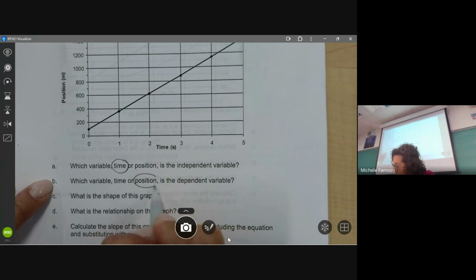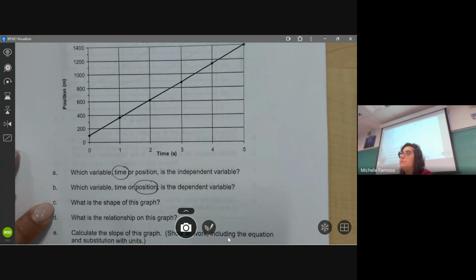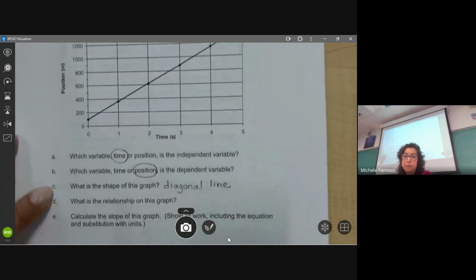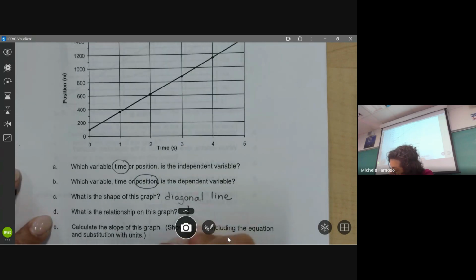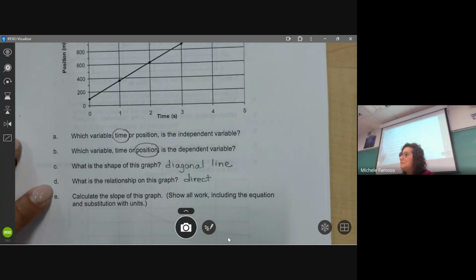Position, because it's on the y-axis. All right, now what's the shape of this graph? Diagonal line. It is a diagonal line. 2 words. What is this relationship? It is direct because it is a positively sloped diagonal line.